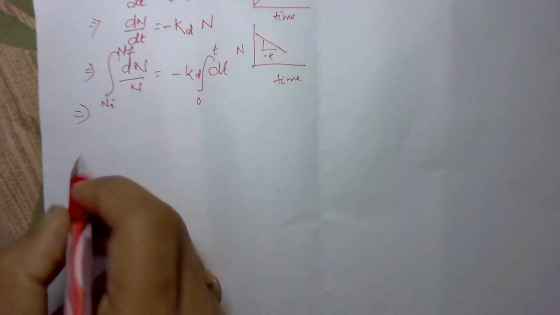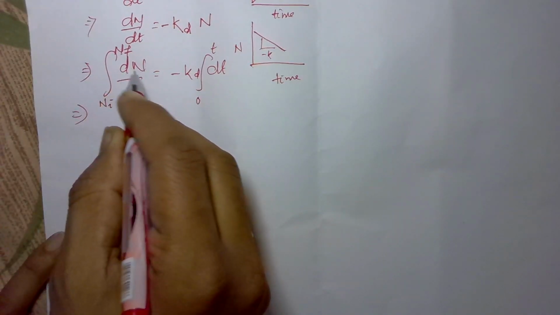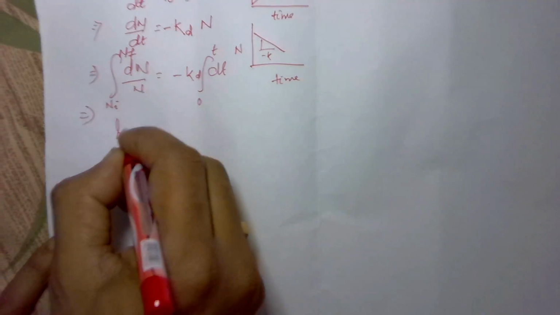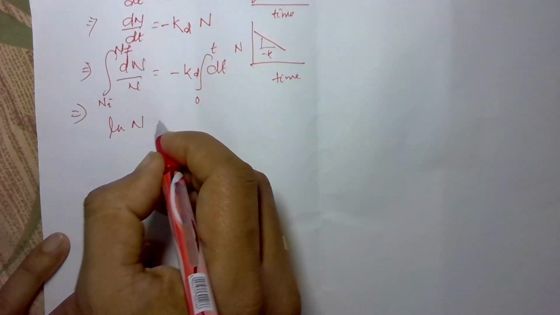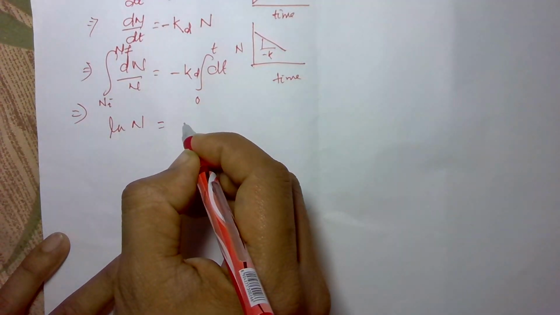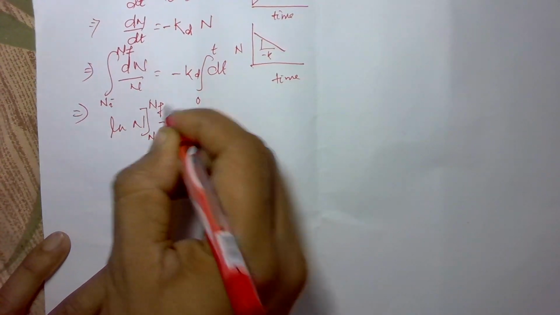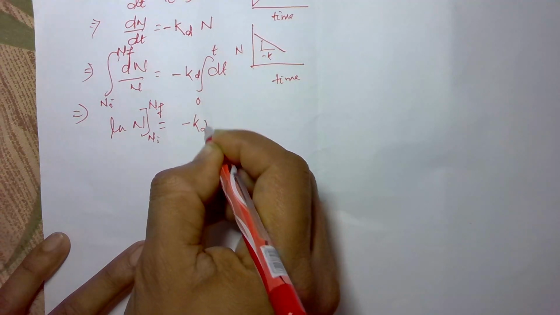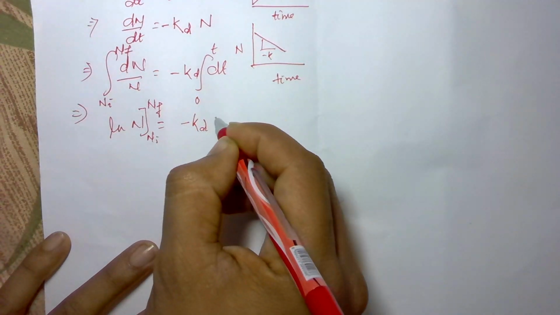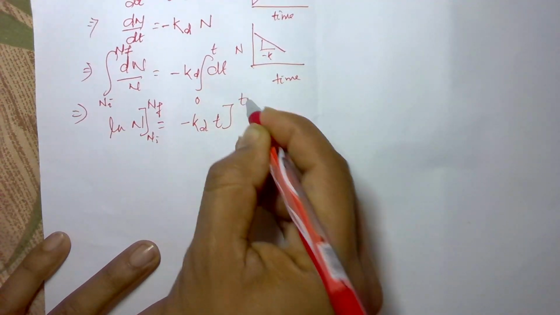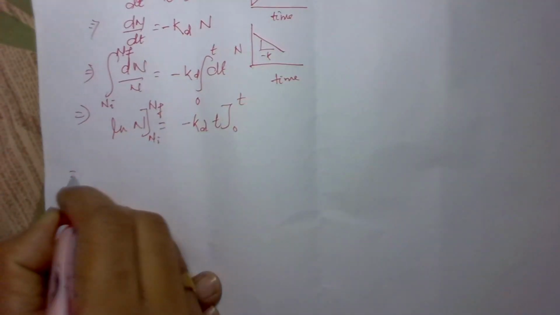So what is the integration of dN by N? That is ln N, and your limits are Ni to Nf, is equal to minus kd, and integration of dt is t. Limits are 0 to t.